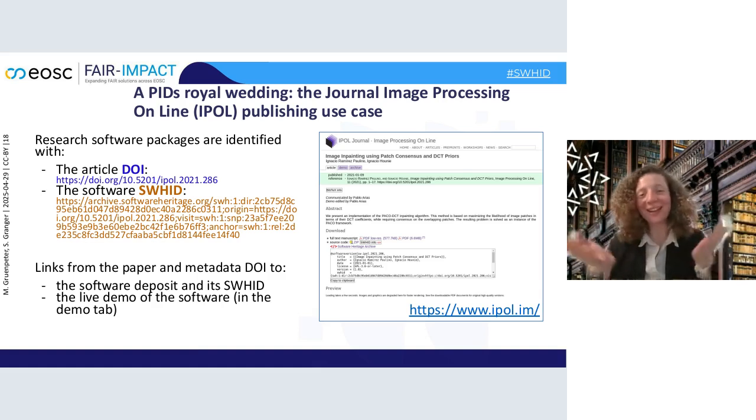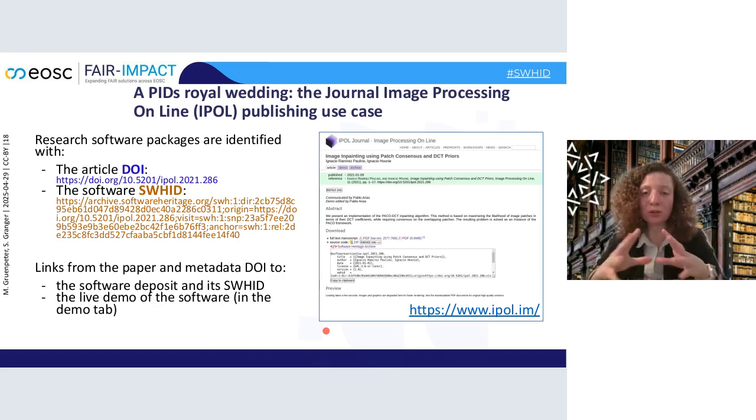royal weddings. And an example for that is this one with the Image Processing Online journal. We have it with HAL, we have it with Zenodo, and there is the possibility to have one identifier for this metadata record, which is identifying here the article DOI, and the SWHID, the actual code that is referenced with this article.